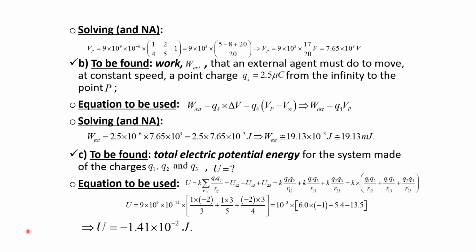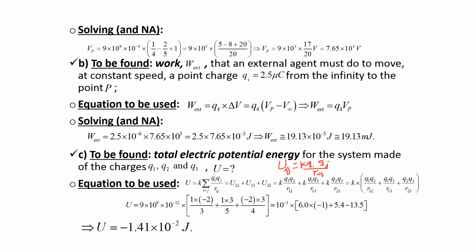We know that the formula for potential energy between 2 charges i and j is equal to K Qi Qj divided by the distance rij between i and j.